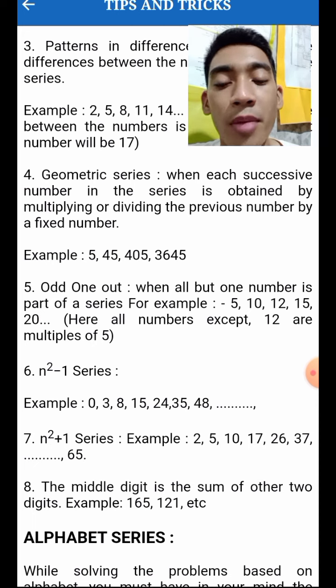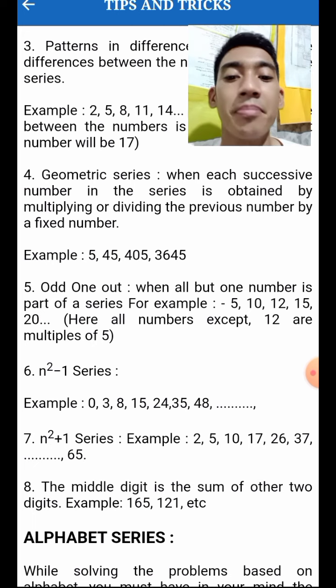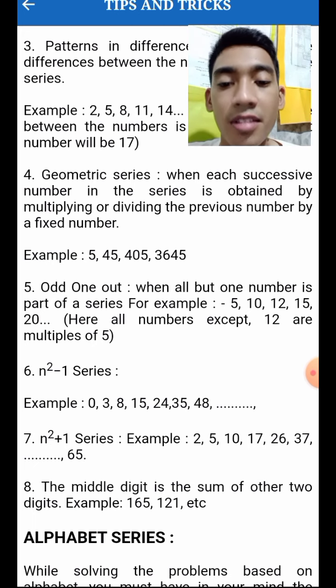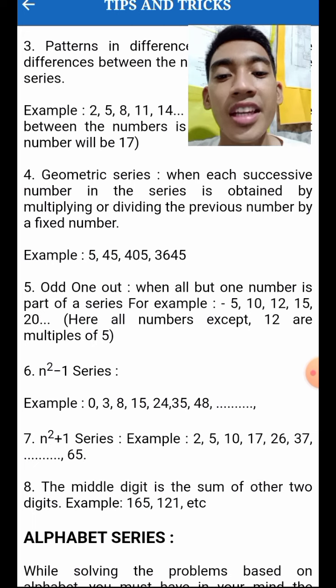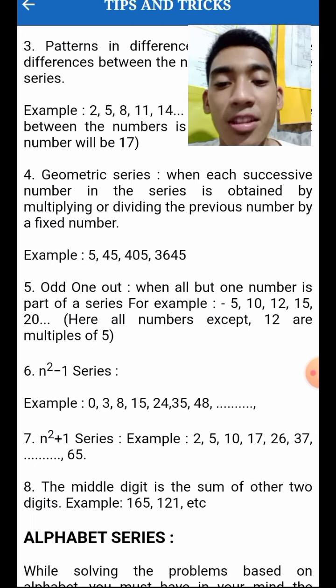So 9 times 5 will give you 45. 45 multiplied by 9 will give us 405. And 405 multiplied by 9 will give us 3645. The fixed number here is 9, and you multiply it to the previous number to get the succeeding number.